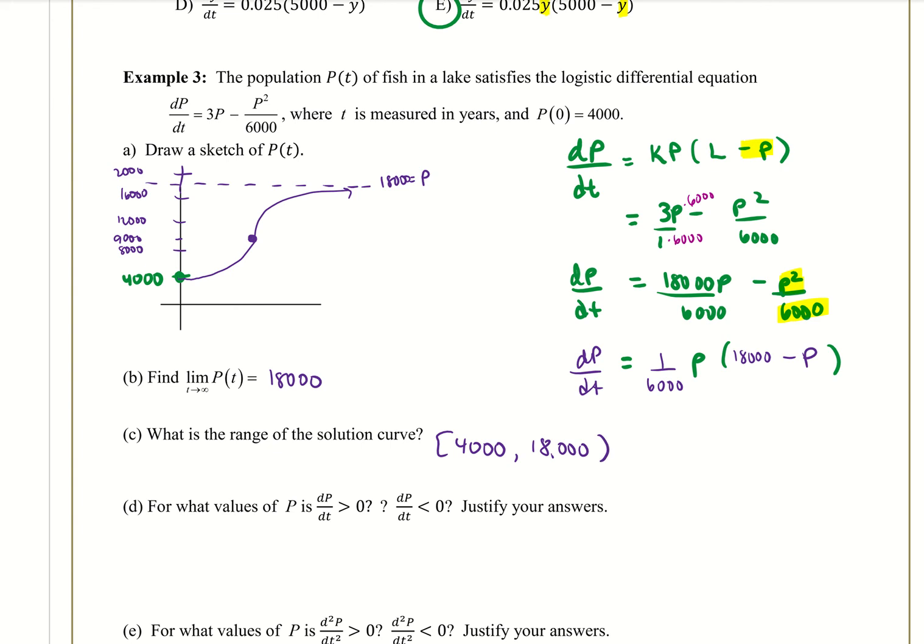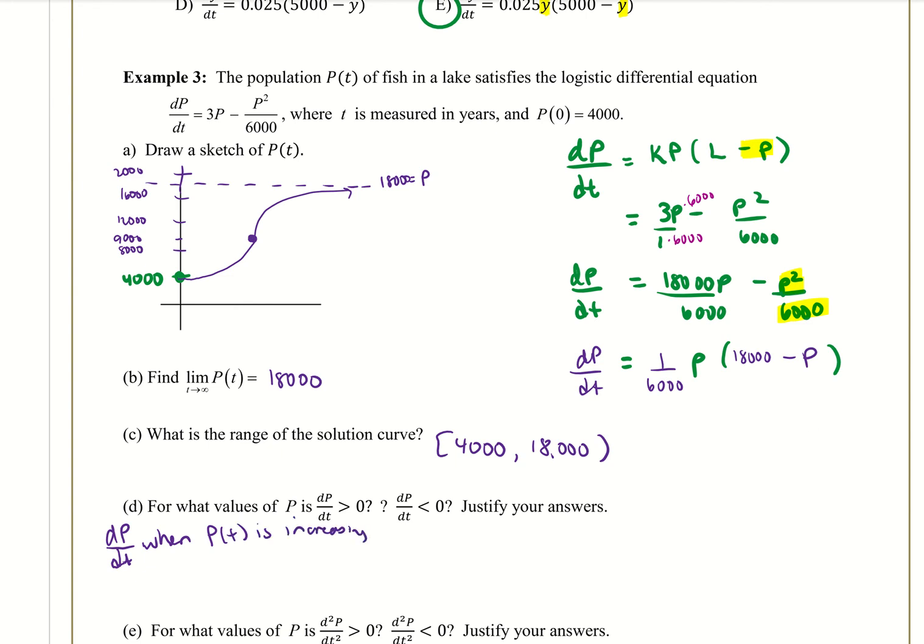For what values of p is dp dt greater than 0? And how about less than 0? What is it greater than 0, and when is it less than 0? Well, if dp dt is greater than 0, that's going to happen when the graph of p of t is increasing. Well, in this particular graph, that's happening all the way through.